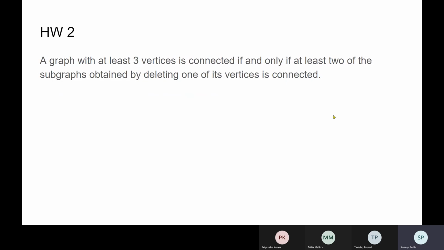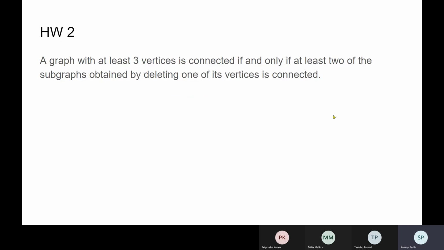The question is that a graph with at least three vertices is connected if and only if at least two of the subgraphs obtained by deleting one of its vertices are connected. So there is a graph with at least three vertices, and we have to prove that it is connected if and only if at least two of the subgraphs obtained by deleting one of its vertices are connected.